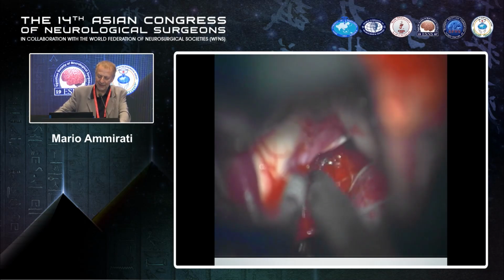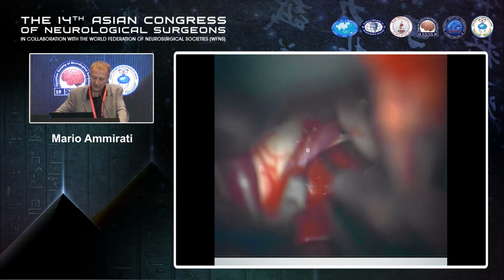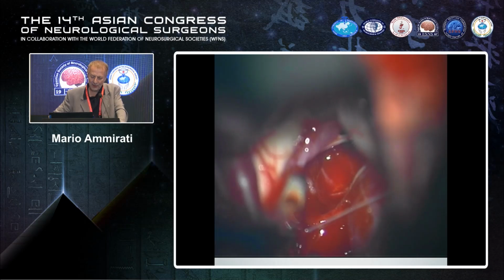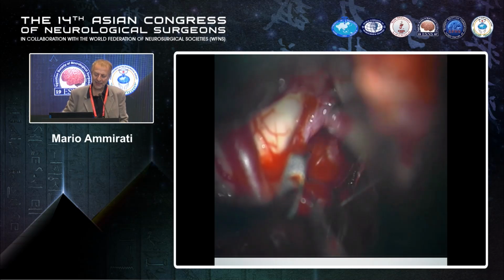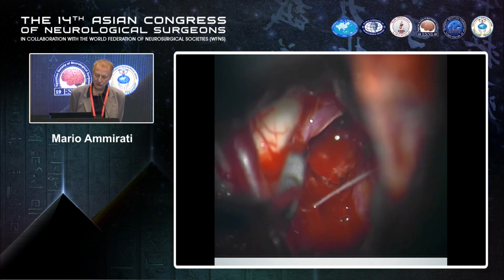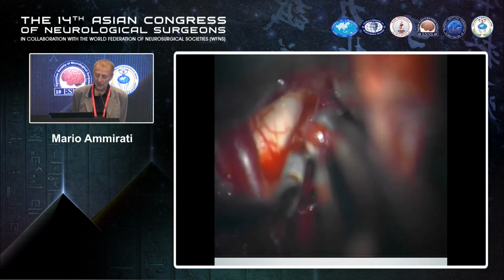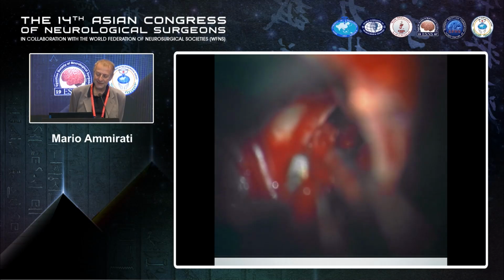So just by being very patient, see there is no trauma to the brain, we're only working on the tumor, then we are able to debulk this tumor. You must always be very patient, and you must not fall prey to the temptation to remove the tumor in big pieces, because that's usually where you get in trouble.